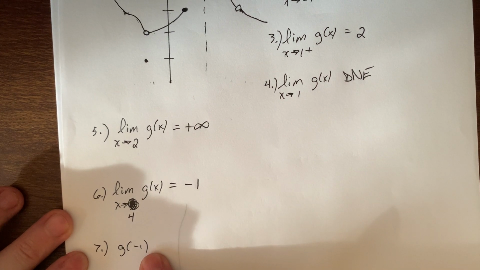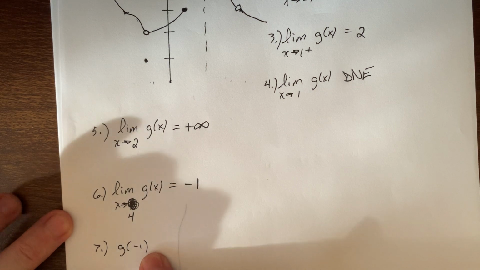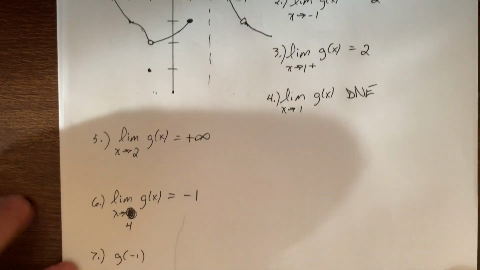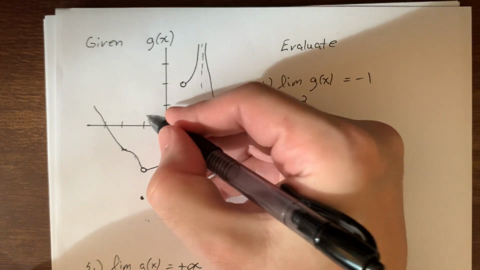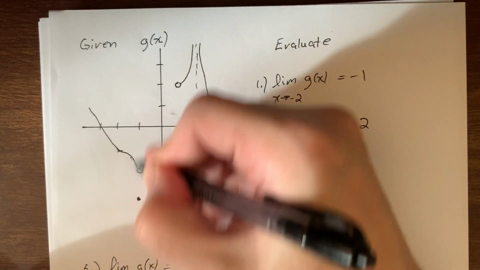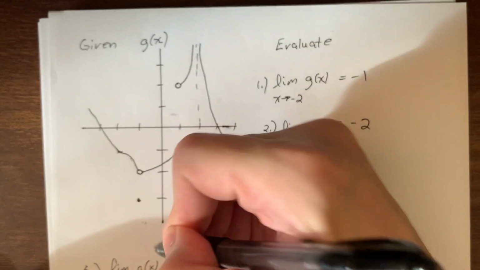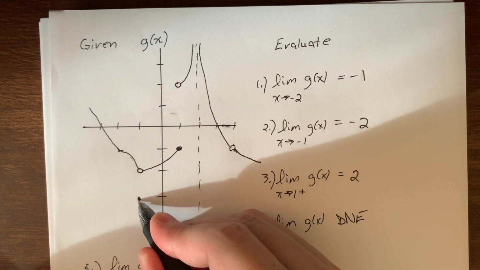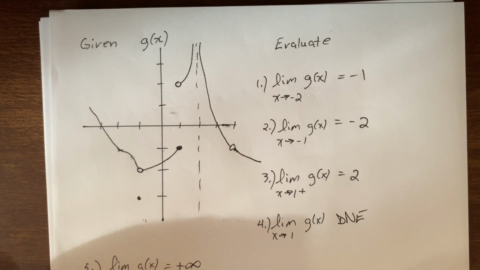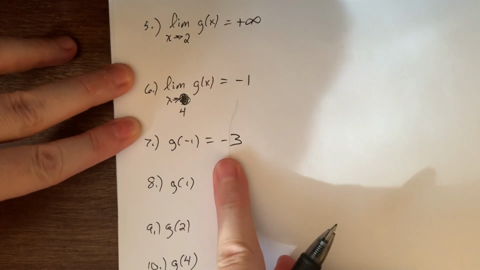So g of -1, no more left or right. We did the limit as we approach -1 up here, but now no more left or right, going directly to -1. Where on the graph is the point that corresponds to x is -1? It's right here. It's the filled in point, not the open point, and that has a y of -3.